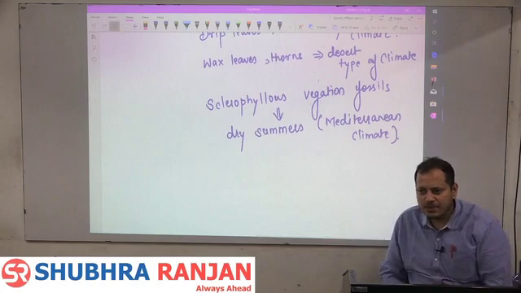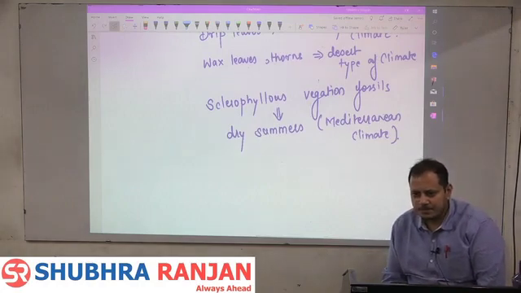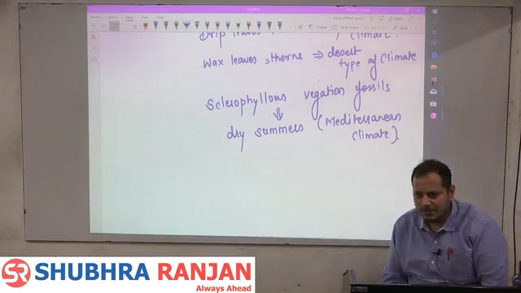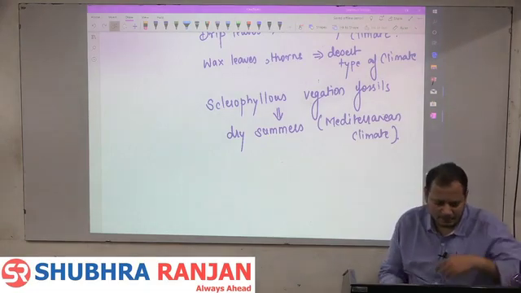What is sclerophyllous vegetation? Sclerophyllous or sclerophyll is a kind of vegetation that grows in the Mediterranean type forest.